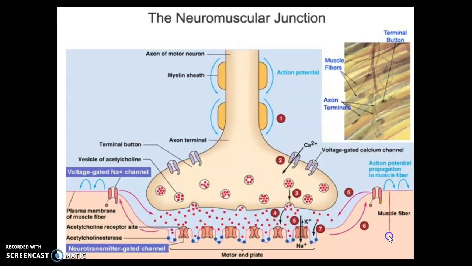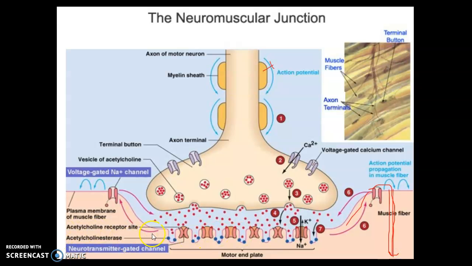So you have the transverse tubules that are coming in like this from the sarcolemma. And so you've got this essentially electrical wave that's happening, just like we saw up here, through the sarcolemma. So this electrical wave with these voltage-gated sodium channels comes down the T-tubule.